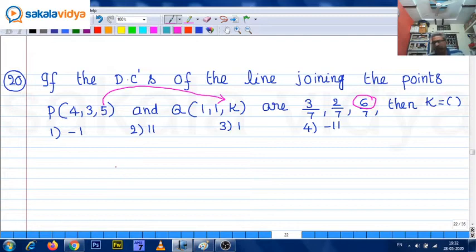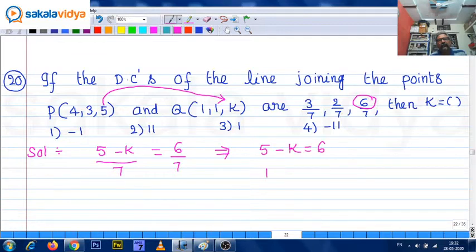You get 5 minus k upon 7, and here also you get 6 by 7. That implies 5 minus k equals 6. So k equals 5 minus 6, that is -1. So option 1 is the right option.